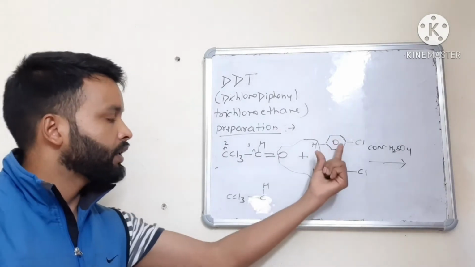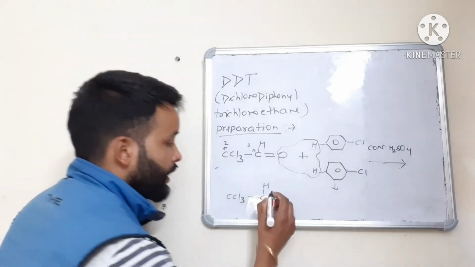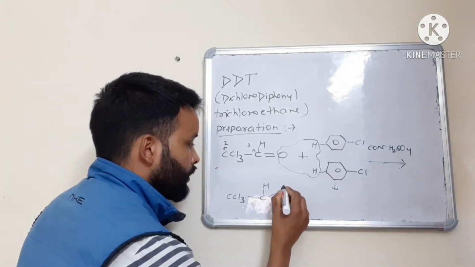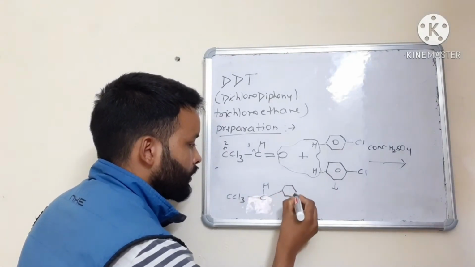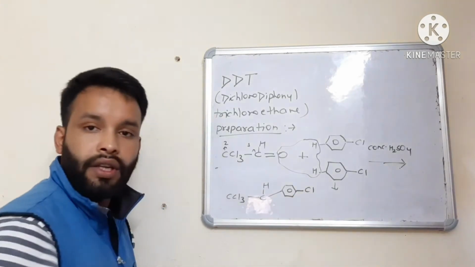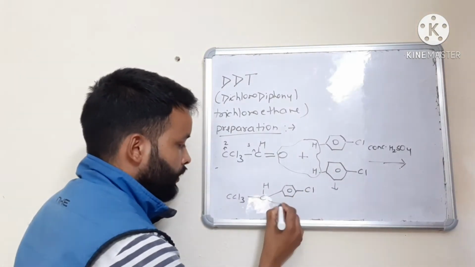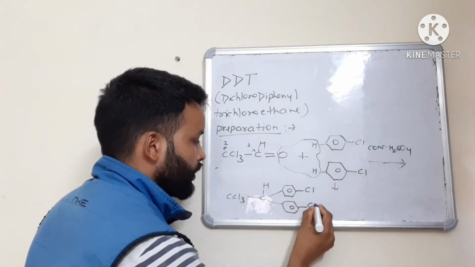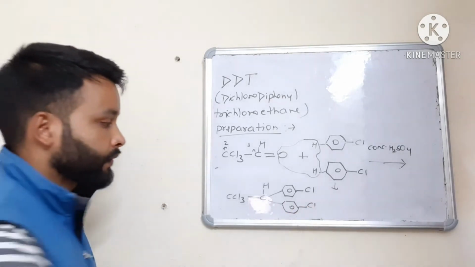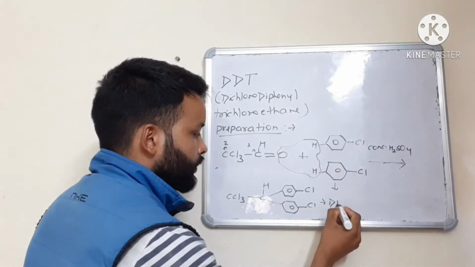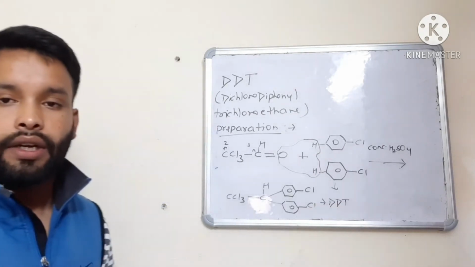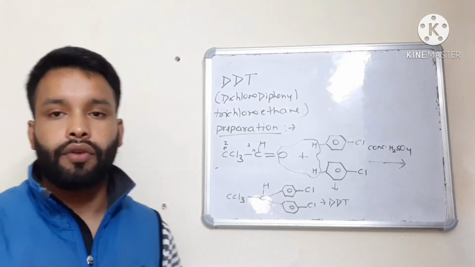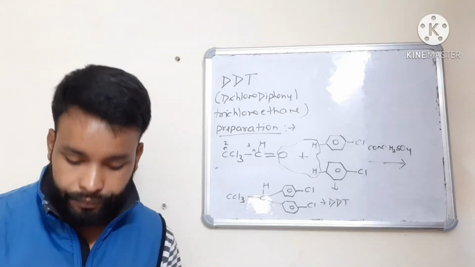Now only two rings with chlorine are there, so this is the first ring with chlorine, and this is the second ring with chlorine. This is called DDT, dichloro-diphenyl-trichloroethane. This is the structure of DDT.